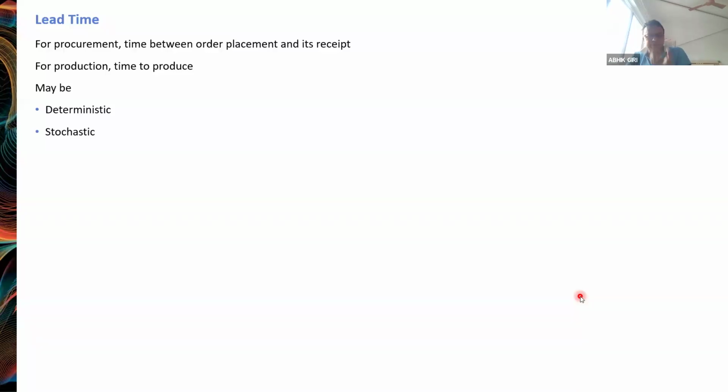For a manufacturing process it could be in seconds, minutes, or hours. For a transportation process, it would typically be between hours and days.